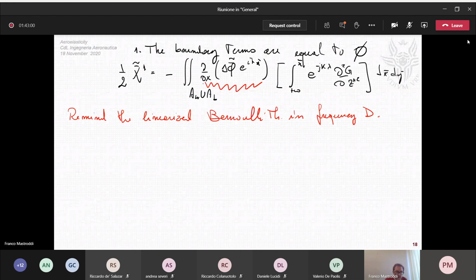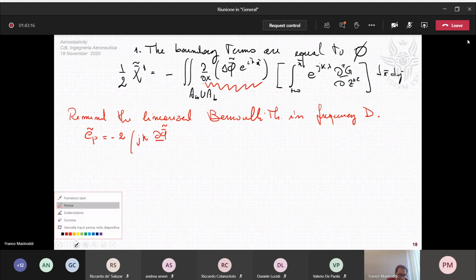In particular, we have that the Cp is equal to minus 2 jk phi, and this part here is the part having the derivative of the velocity potential, but in the body frame of reference.